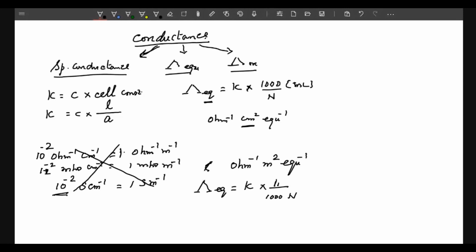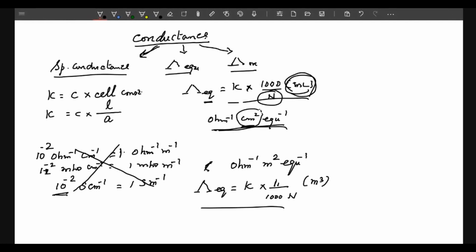Here the volume should be in meter cube, whereas in the previous one it is in centimeter cube. Therefore, you can make use of either equation, or you can calculate the equivalent conductance in per ohm centimeter square when normality is given and the volume is given in centimeter cube.